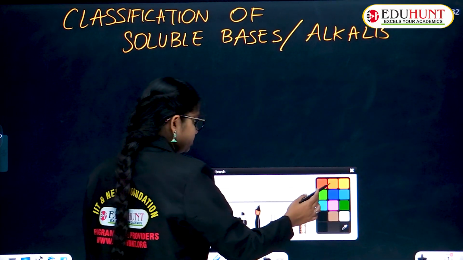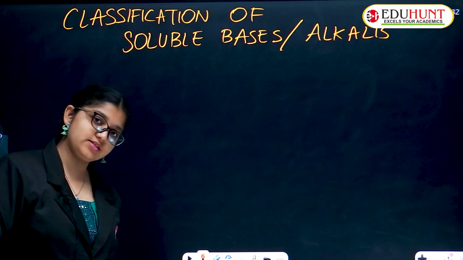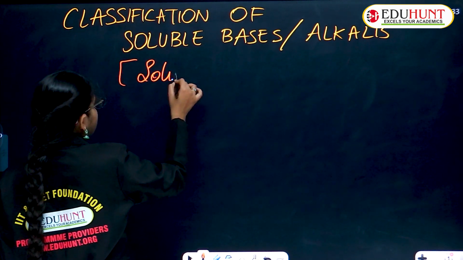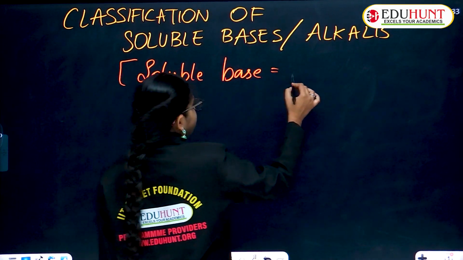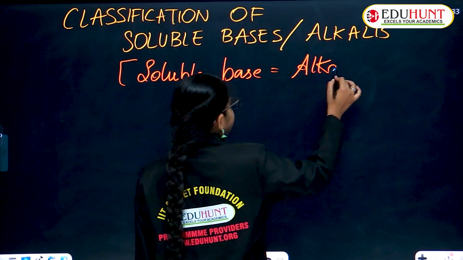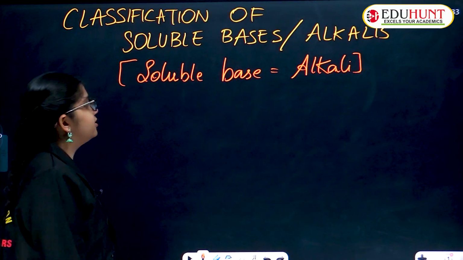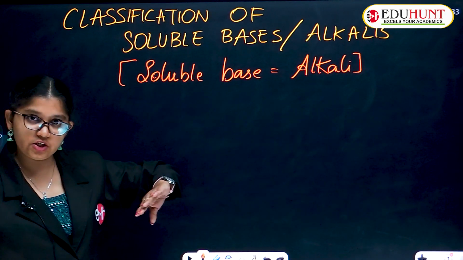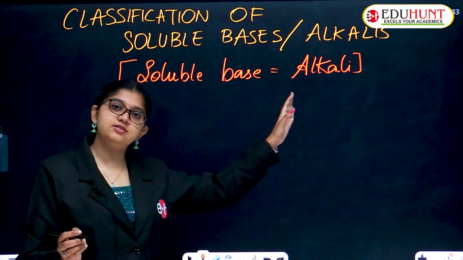What is an alkali, children? The base which is soluble in aqueous solution is called an alkali. Very good. Here we can simply write: soluble base equals alkali. On the basis of the solubility of the base, the bases which are soluble in aqueous solution are called alkalis.